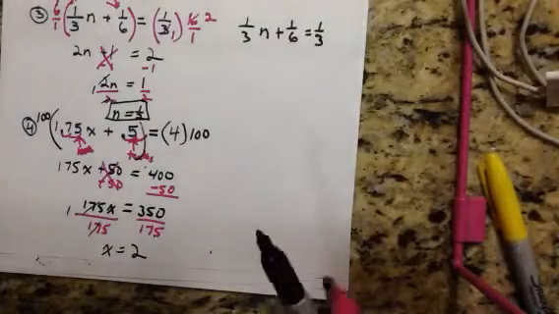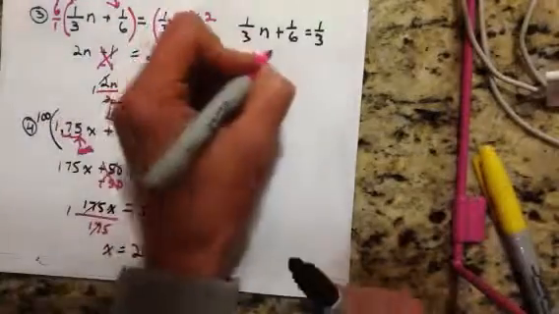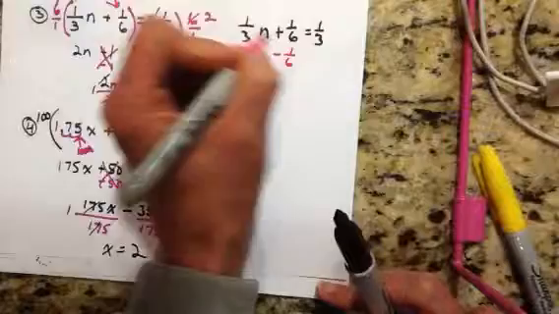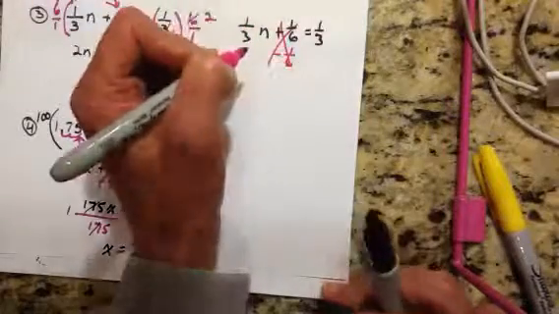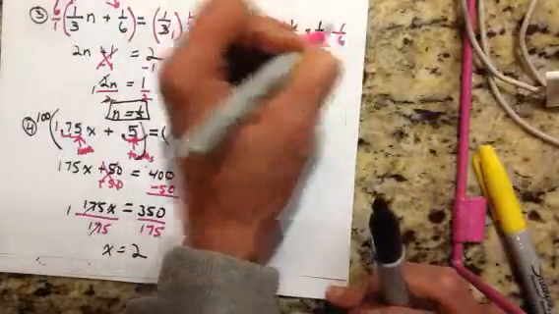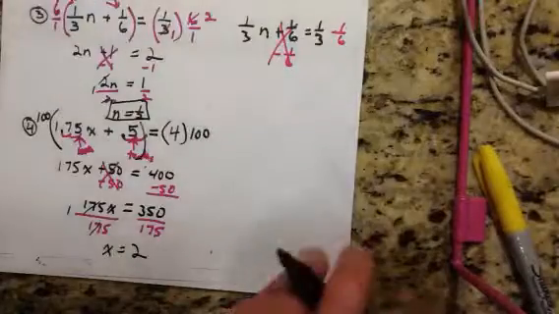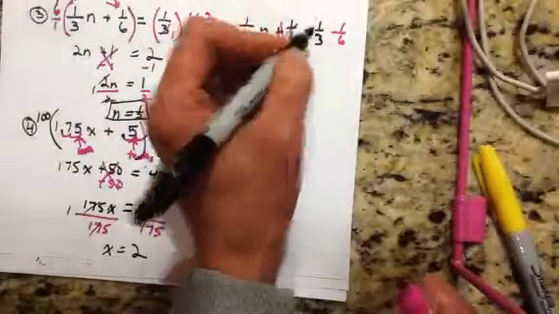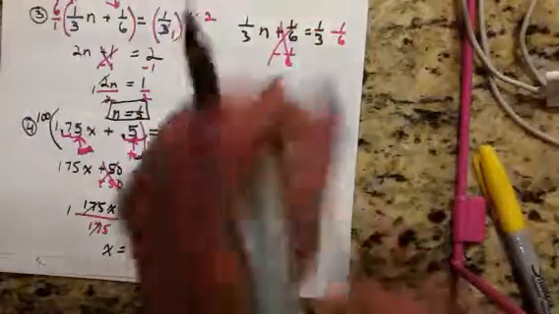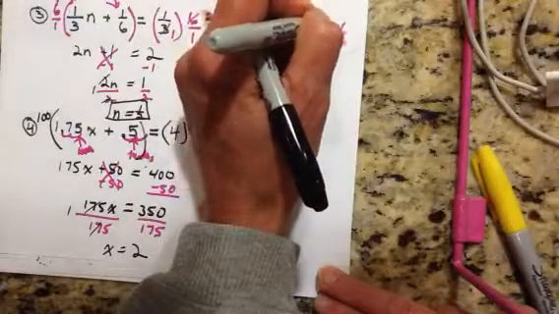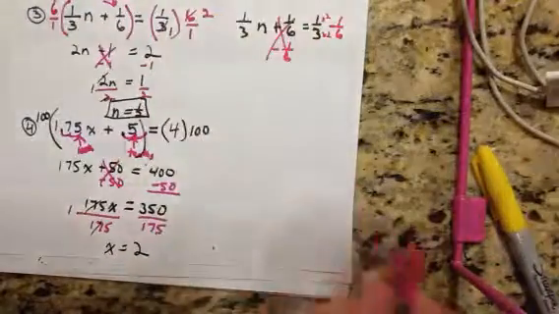Okay, so the first thing would have been subtract 1/6 here to eliminate that, minus 1/6 here. Well, I would have to change thirds into 6, and I do that by multiplying the numerator and denominator by 2.